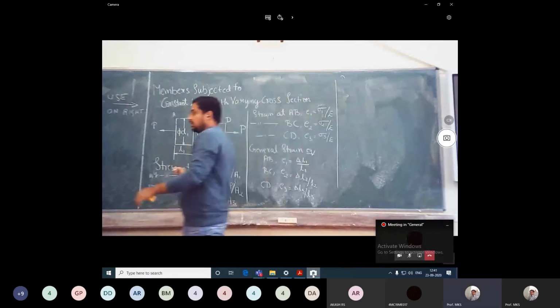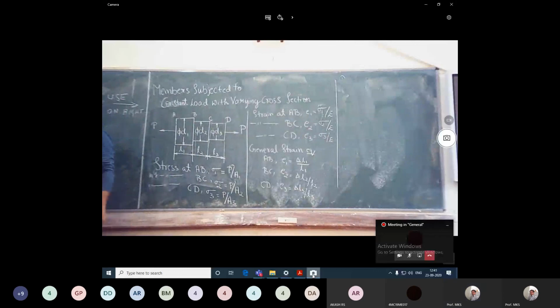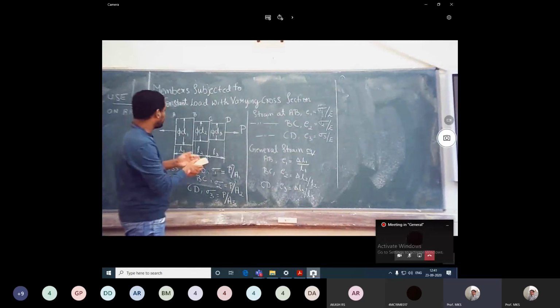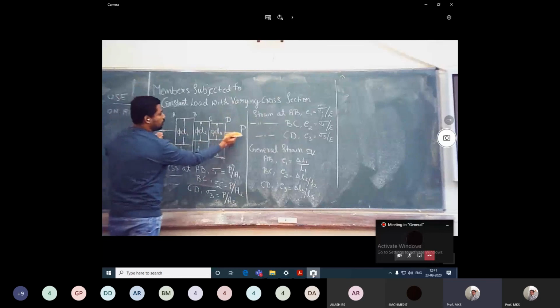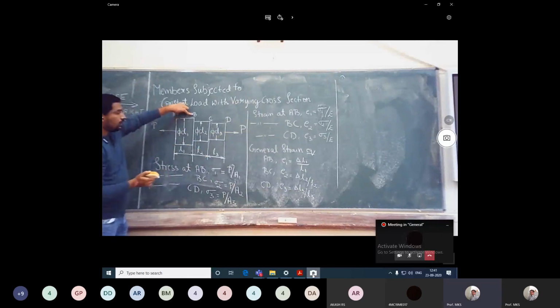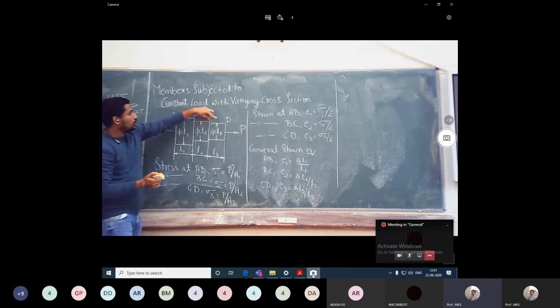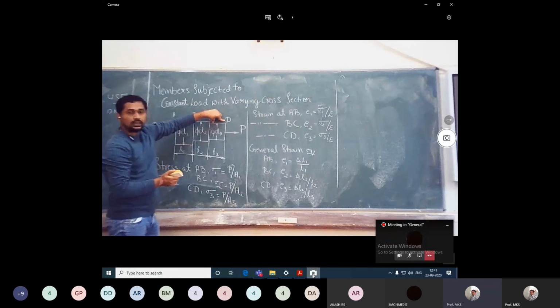Is it visible? Right. Next, total change in length. So when the member is subjected to force, each section AB will undergo deformation by length delta L1, BC will undergo increase in length by delta L2, CD will increase by a length delta L3.